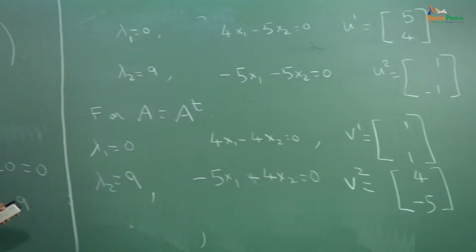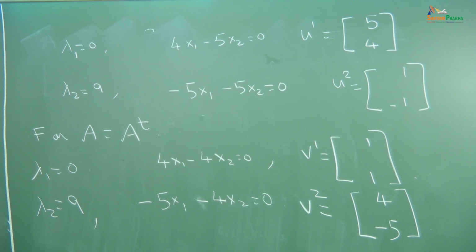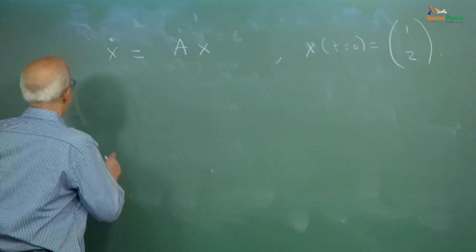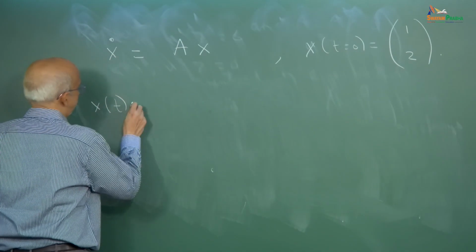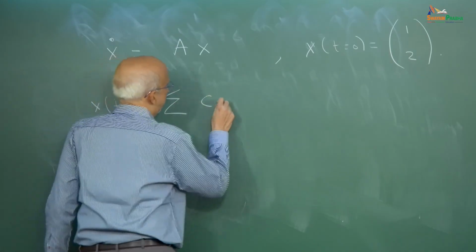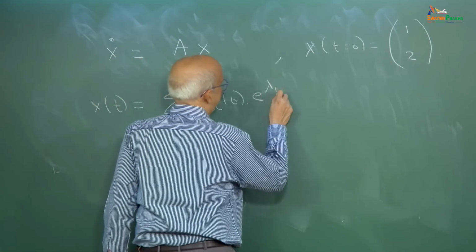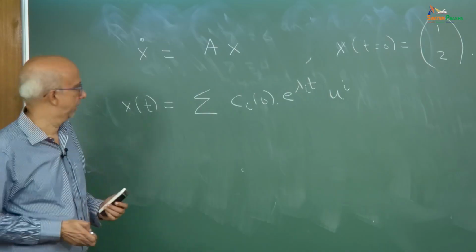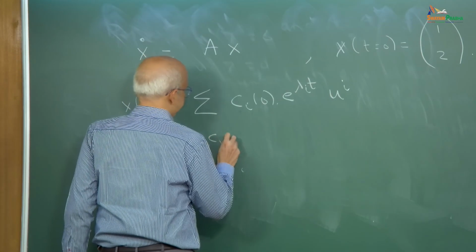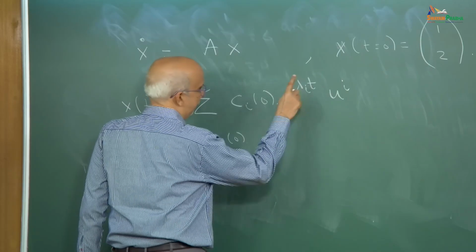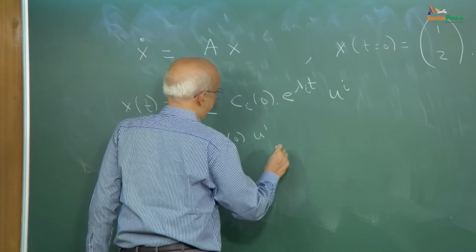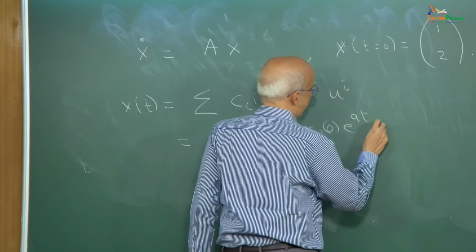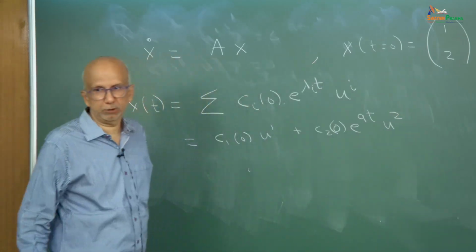So, I have gotten the eigenvalues and the eigenvectors, and my solution x of t is going to be of the form Ci of 0 e power lambda i t ui, which is written as C1 of 0, lambda 1 is 0 so that goes off, u1 plus C2 of 0 e power 9t u2, that is my solution.